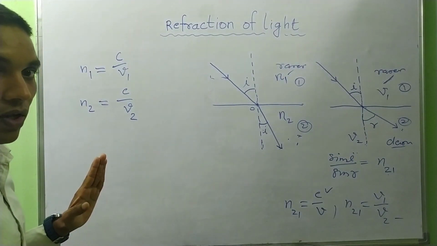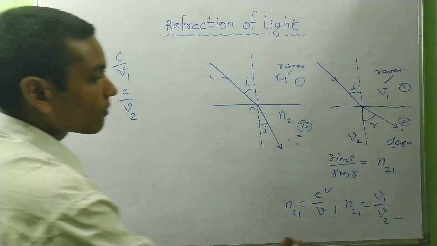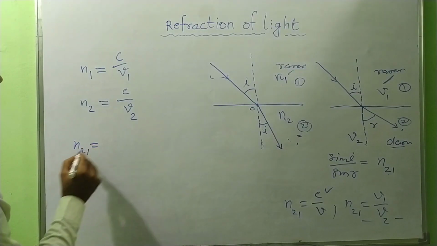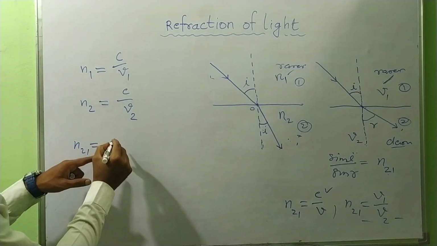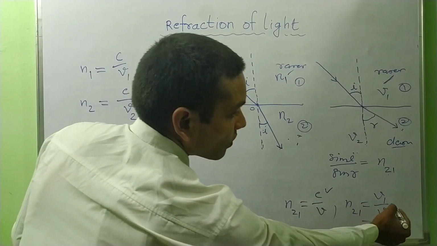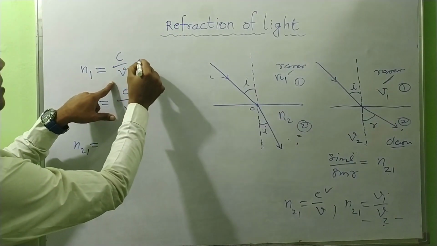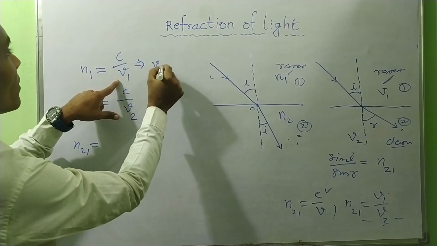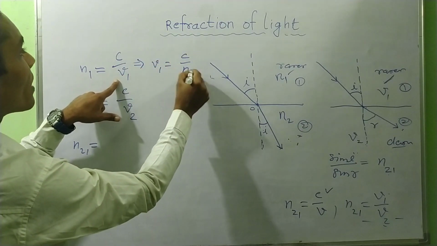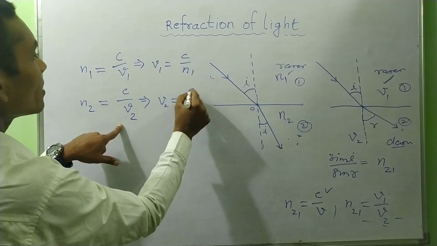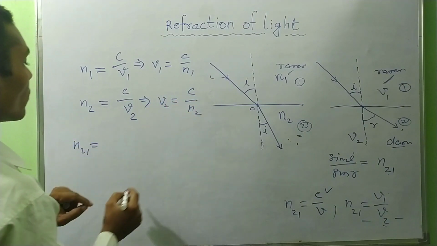Now, putting the values in this equation, we have to put the values of v1 and v2. From these equations, v1 will be c upon n1 and v2 will be c upon n2.